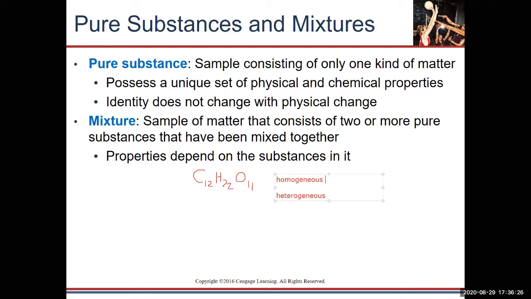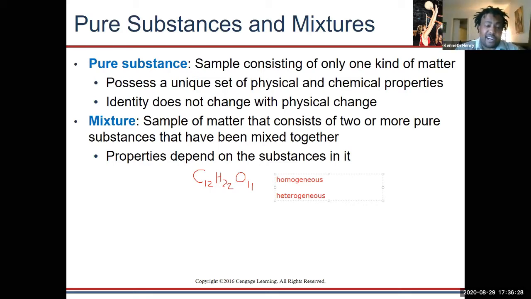Okay, homogeneous means uniform throughout the entire thing. And that's putting it simply. Okay, questions, concerns, Cash? Okay, good.